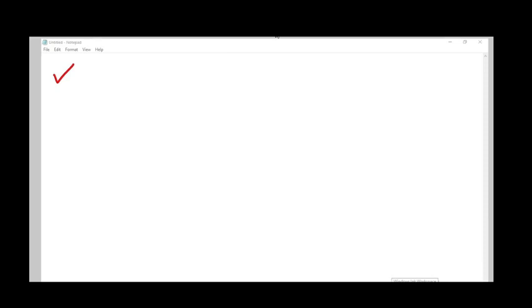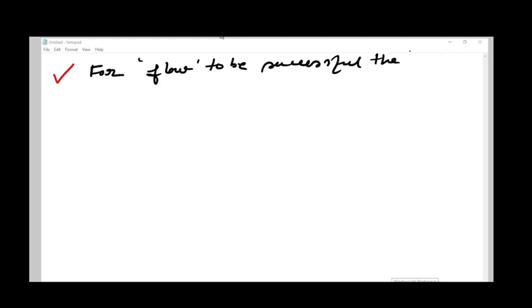Next point, for the flow to be feasible, the following conditions should be satisfied.